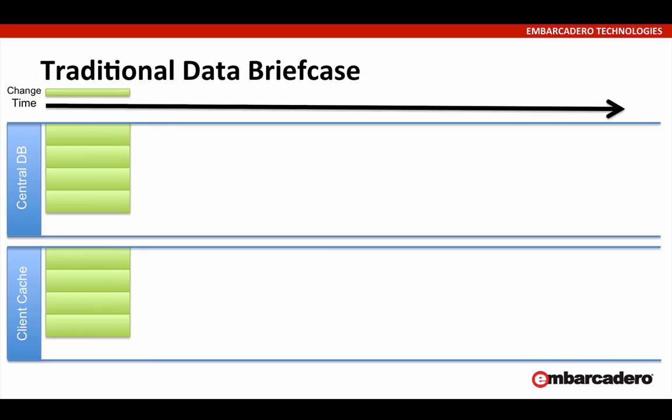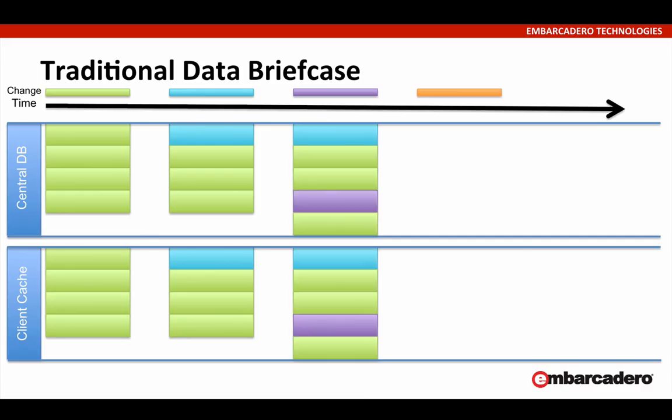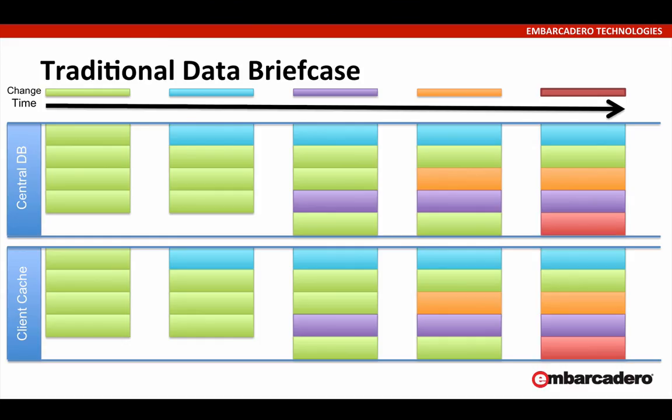So let's start with a quick example of why change views are important. Moving data costs a lot of money, and if we don't have our clients' caches up to date, we get a performance hit. Over time, as we're changing data in the central database, and this is just a one-way example, we can see that every time we're having to pull down a lot of data packets just to mirror and pick up what is going on the server.